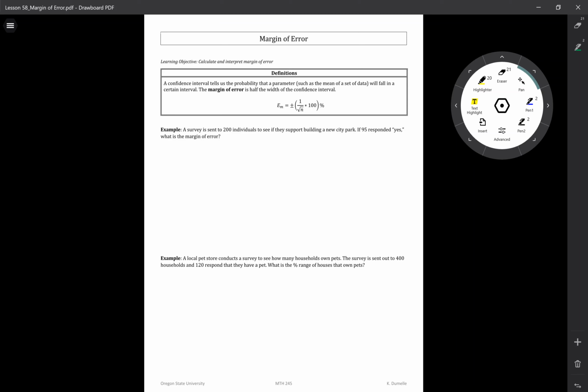So a confidence interval tells us the probability that a parameter, such as the mean of a set of data, will fall in a certain interval. The margin of error is half the width of the confidence interval, given by this equation, where n is the number of people in our sample.